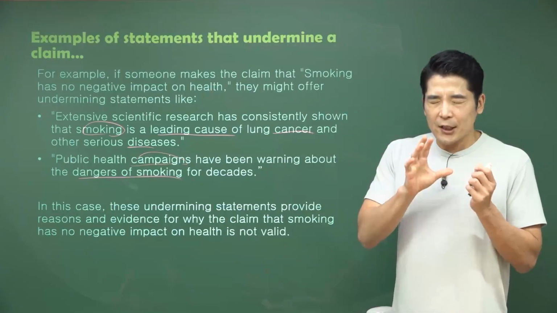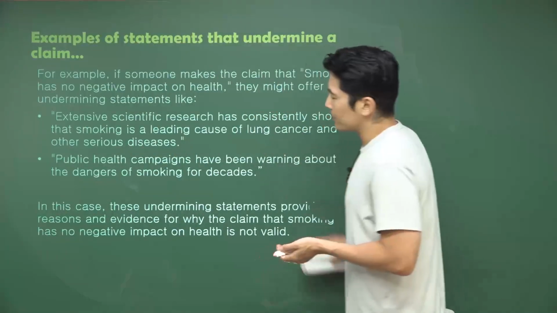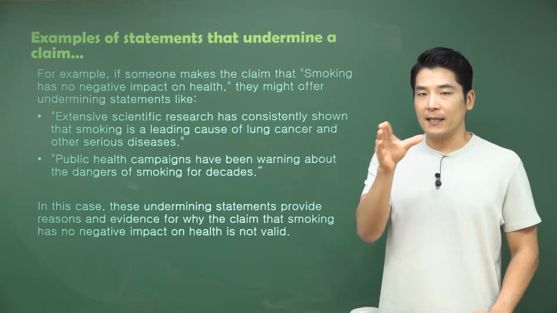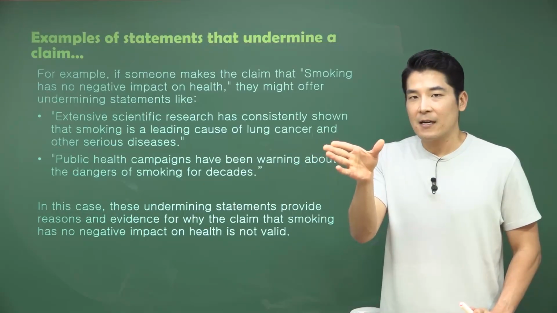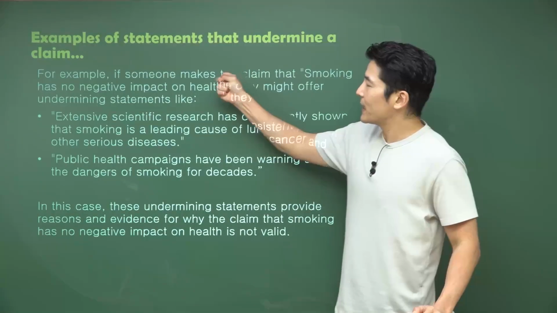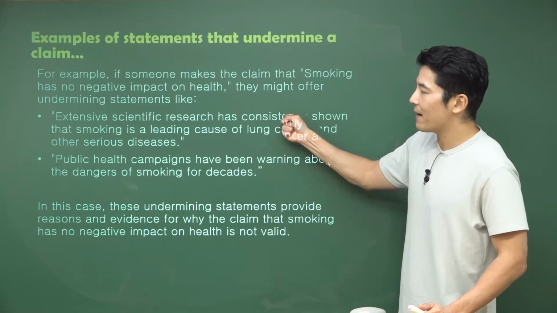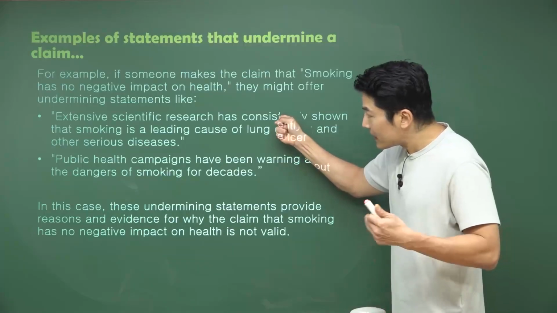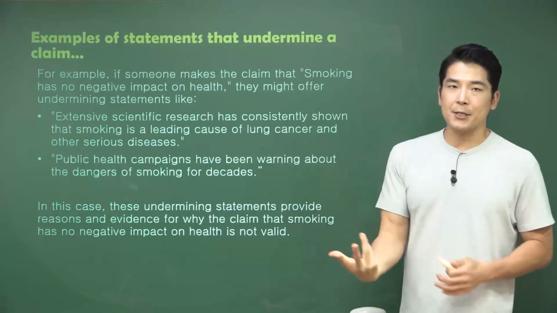You have to understand this: in order for an answer choice to weaken a claim, it has to directly impact the claim. This statement has to have a direct effect on the believability of the claim. If it does not have a direct impact on the believability or validity of the claim, then that can't be the correct answer.